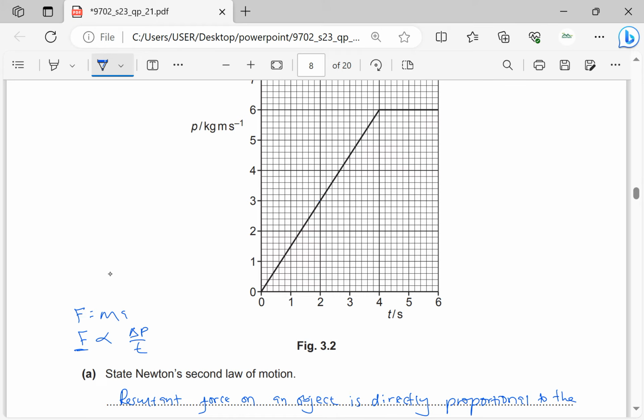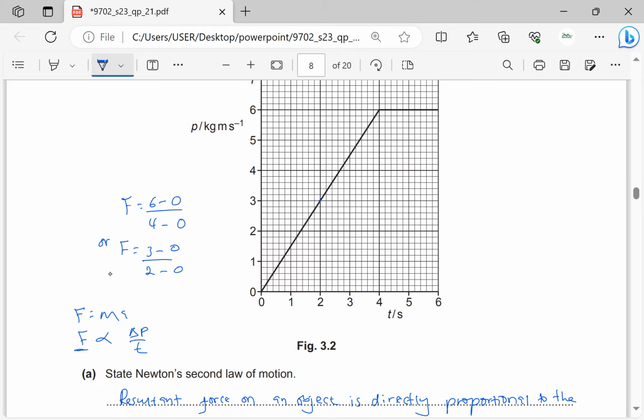I can use any pair of values. So the force can be 6 minus 0 over 4 minus 0. Or somebody may want to use 2. It can be 3 minus 0 over 2 minus 0. It gives you the same thing.